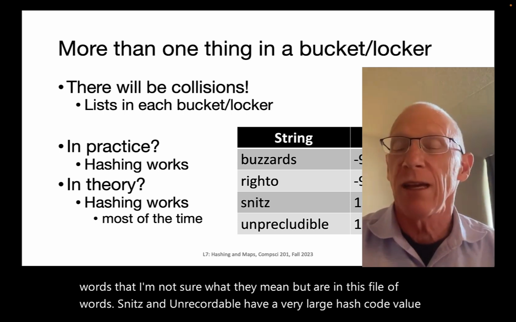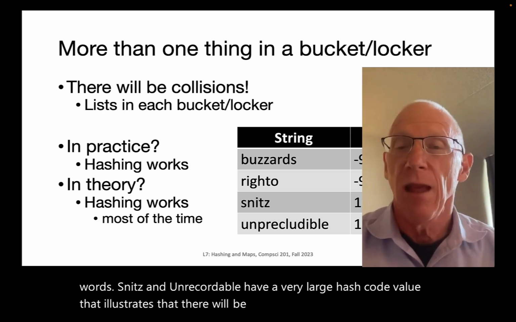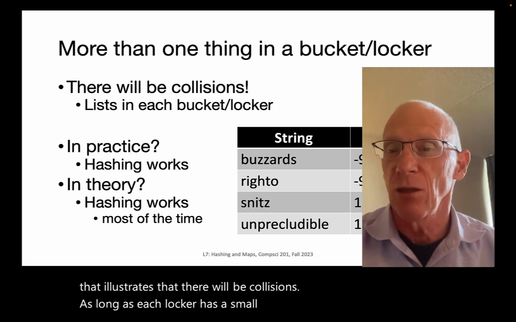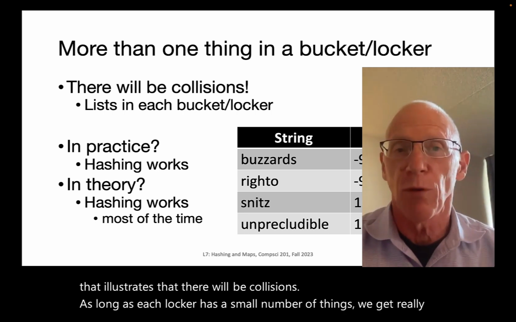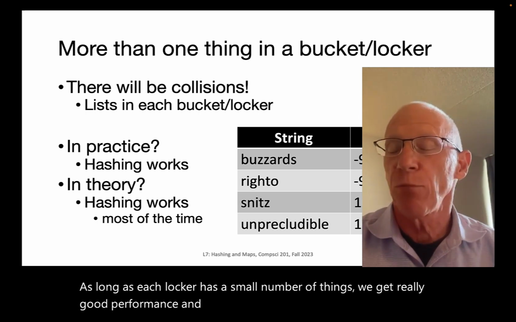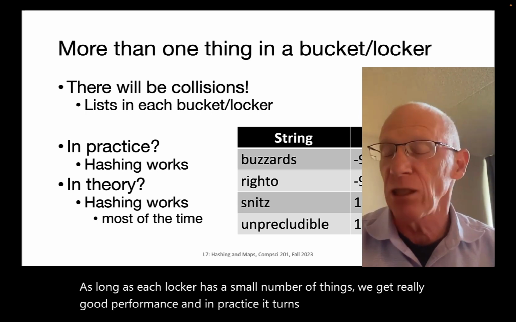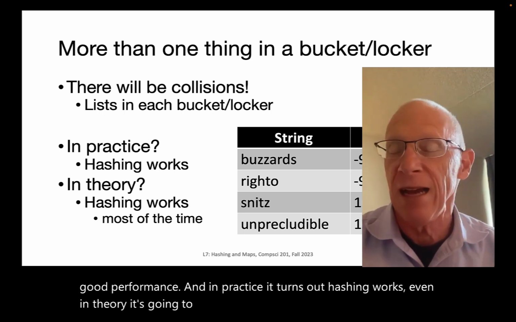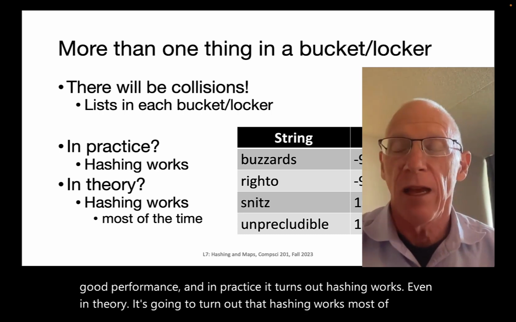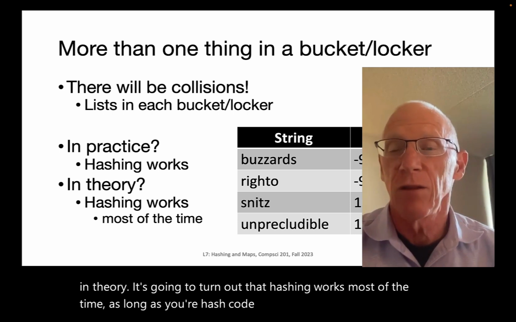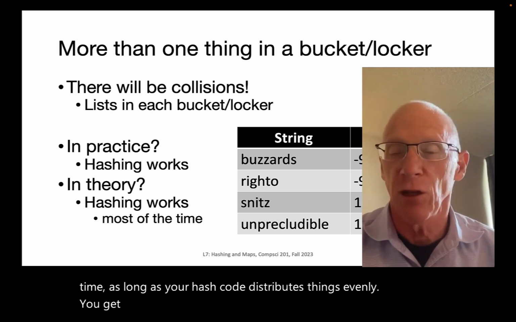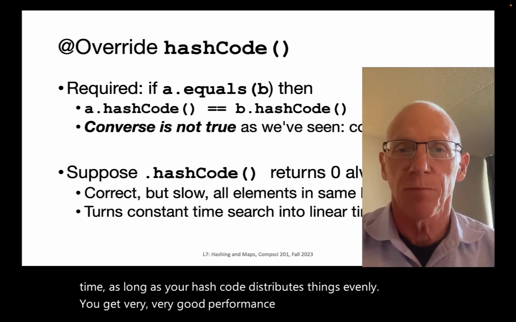That illustrates that there will be collisions. As long as each locker has a small number of things, we get really good performance. And in practice, it turns out hashing works. Even in theory, it's going to turn out that hashing works most of the time. As long as your hashCode distributes things evenly, you get very, very good performance, constant time performance.